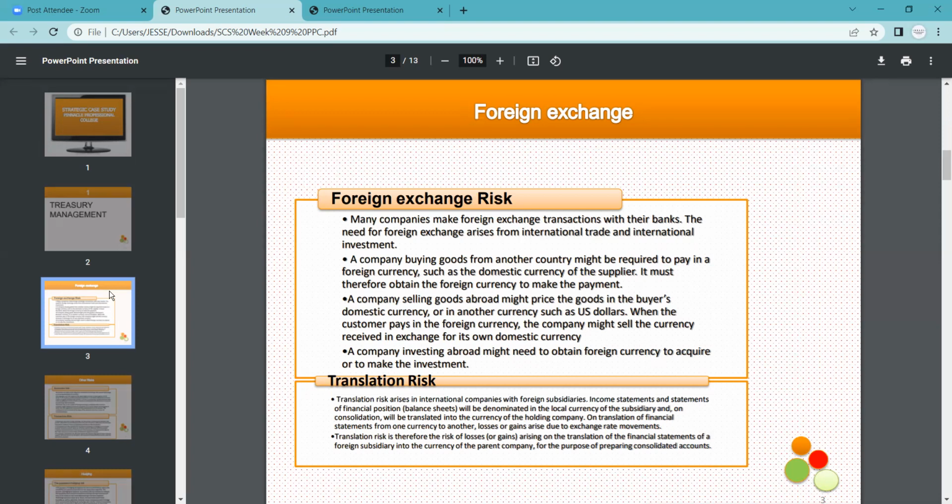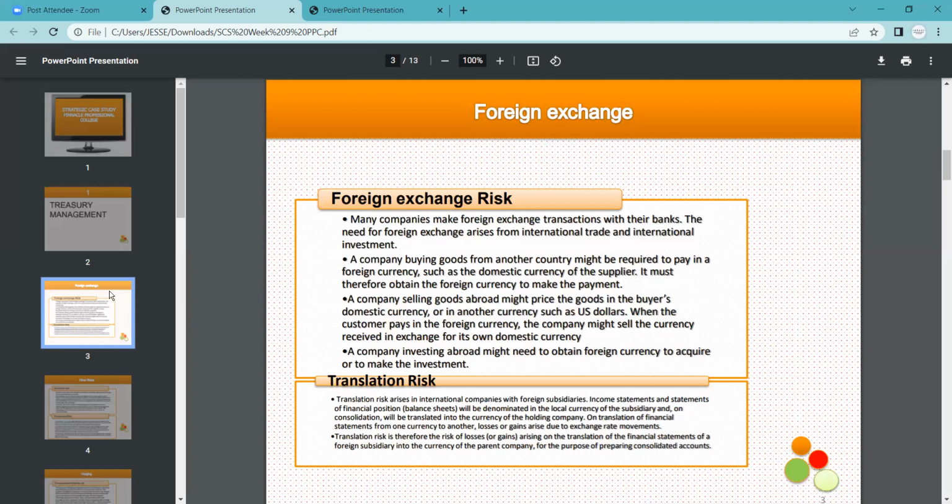Now, when we talk about treasury management, as the name implies, treasury means a storing place for cash. So treasury management is essentially the tactics and tools and the hedging mechanisms that individuals and organizations use to be able to manage their cash properly.